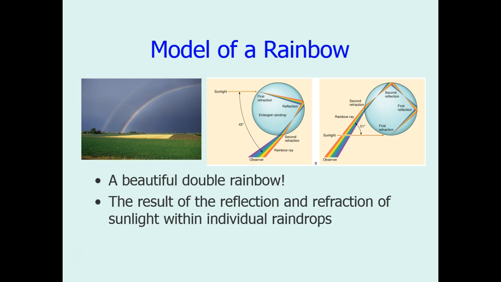So it flips the colors once and then flips them again, and they come out in reverse order, just like we notice here. But if you think about it, a lot more sunlight goes through here than goes through there. Okay? Only a little sliver goes through there, so this is always faint. This is always brighter.